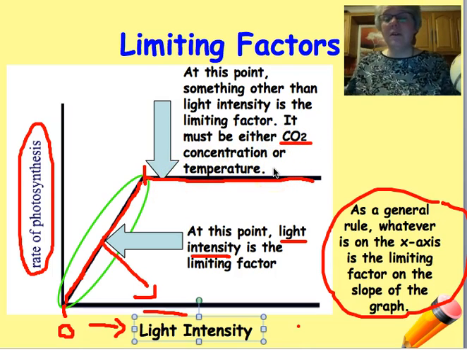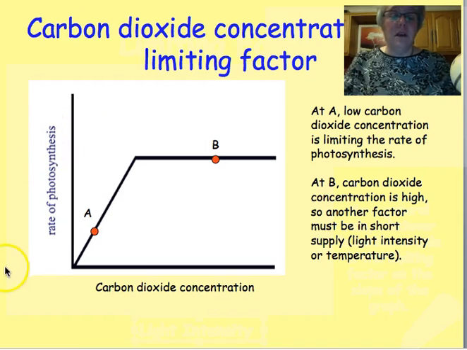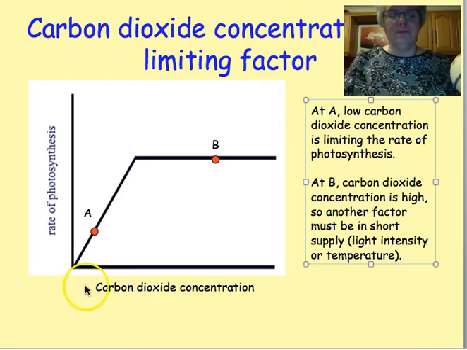So let's have a bit more of a look at these graphs without quite so much writing on them. If I move on to the next slide, here's another one. In this graph, you'll see that we've got carbon dioxide concentration at the bottom.